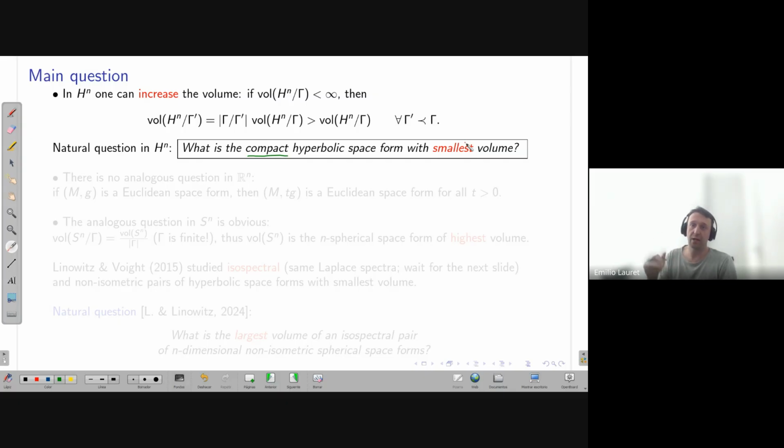We have rescaling in some way that is -1. And well, this is a natural question, very difficult. Misha Belolipetsky from IMPA studied it from an arithmetic point of view. I mean, for certain hyperbolic manifolds, arithmetic is very related with number theory.